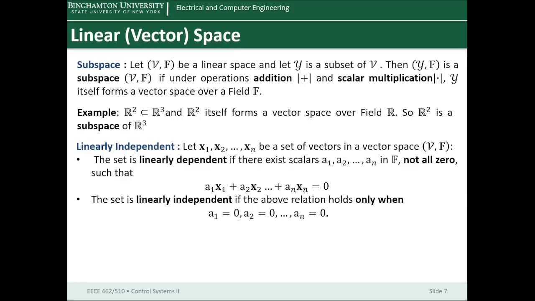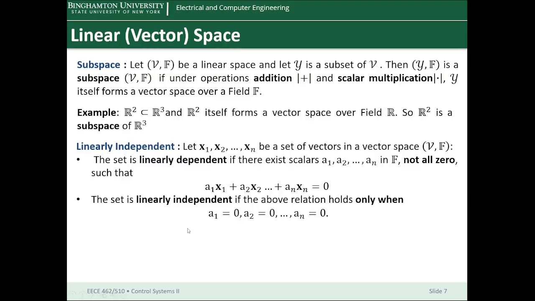In other words, at least one vector can be written as a linear combination of the other vectors. And the set is linearly independent if the only solution to this equation is a1 to an all equal to 0. It means we cannot define any of these vectors as a linear combination of the other vectors.